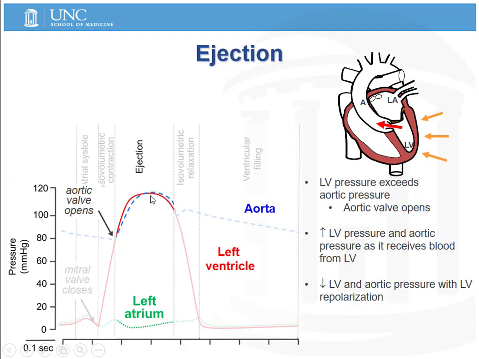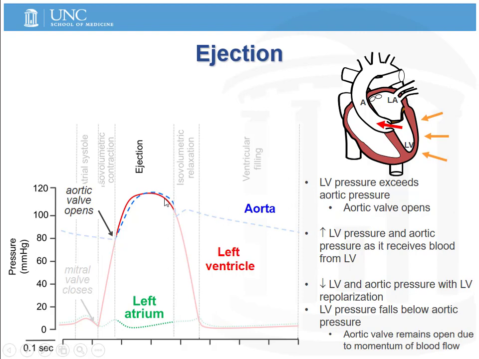At this point, the pressure in the ventricle, here in red, falls slightly below the pressure in the aorta, but the aortic valve remains open. This is because of the momentum of blood flow. The blood's flowing so fast that it does not allow the aortic valve to shut back.